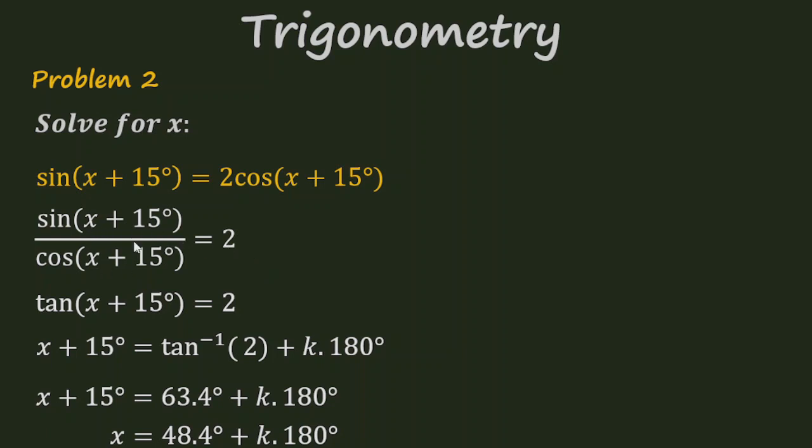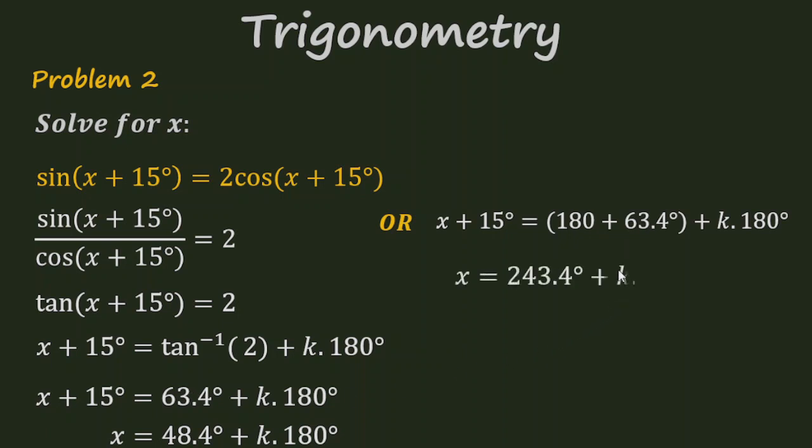Look, we are interested in the intervals where tan is positive, and this is in the first quadrant. So we can also find another solution where tan is positive. We know that tan is positive also in the third quadrant. So we could have 180 degrees plus our reference angle in the third quadrant, and then simplify to arrive at that.